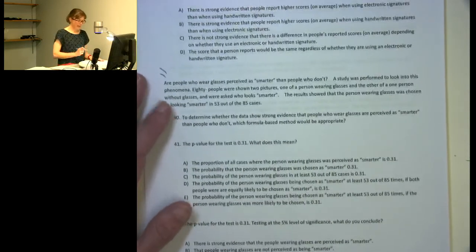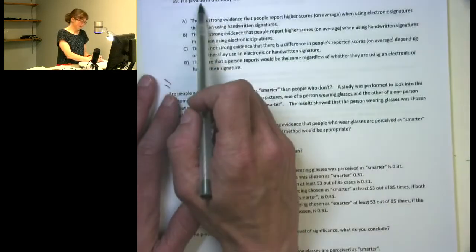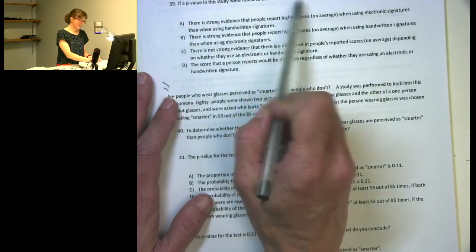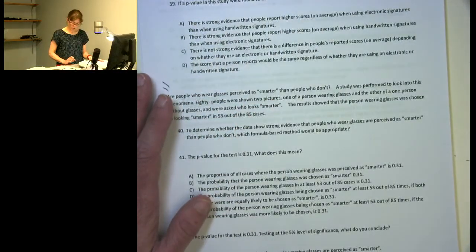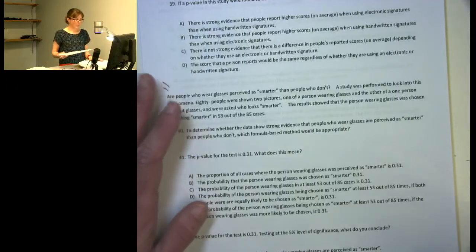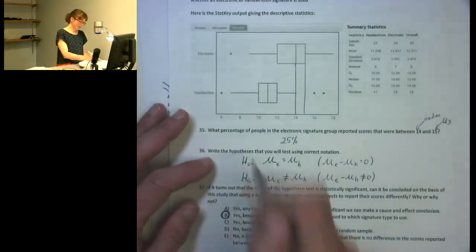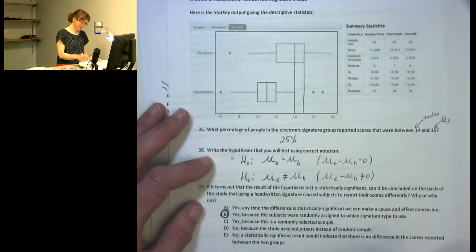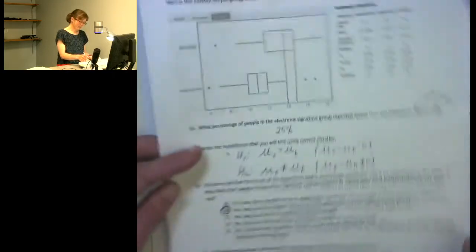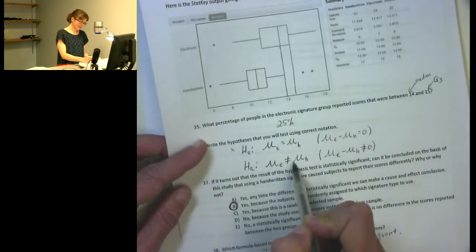And then 39 asks, if the p-value in the study were found to be statistically significant, what conclusion could be made? Remember that statistically significant means that we rejected the null hypothesis, and so we'd have evidence in favor of the alternative.